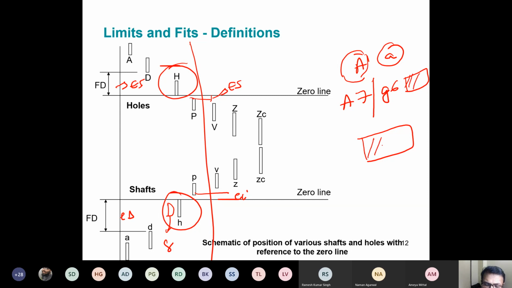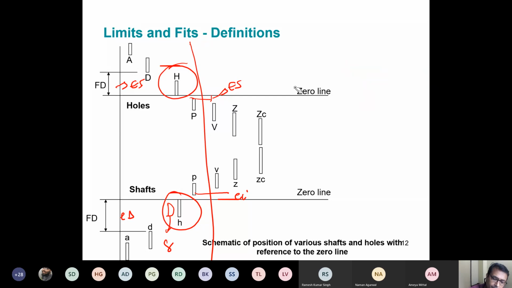I'll tell you how to determine the band also, but right now we are just discussing the fundamental deviation.